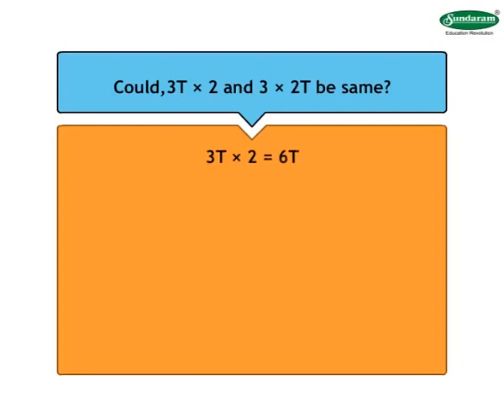Let us see the other side of these examples. Now, could 3 tens into 2 and 3 into 2 tens be the same? Solution. 3 tens into 2 is equal to 6 tens, as it is 3 tens taken twice.